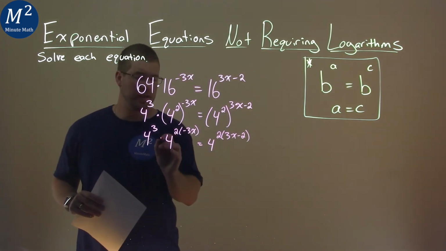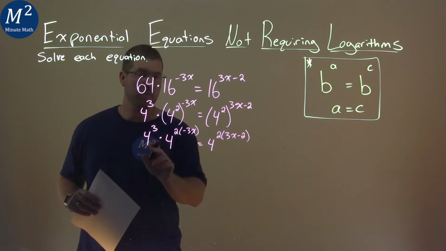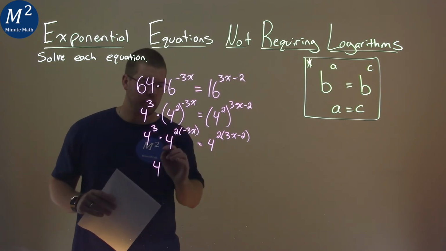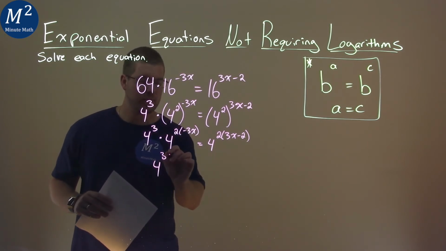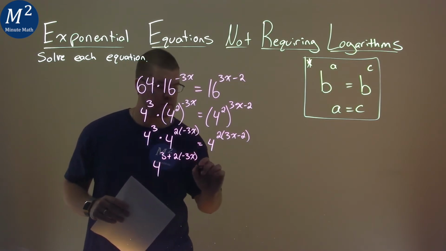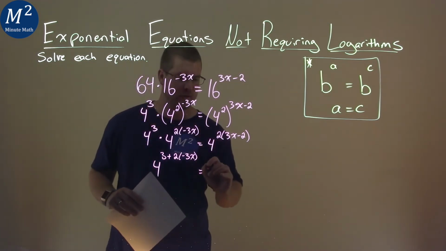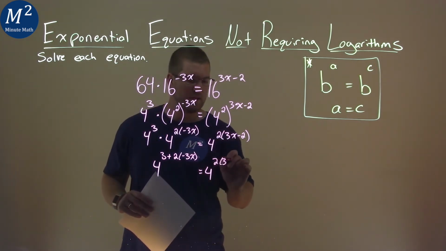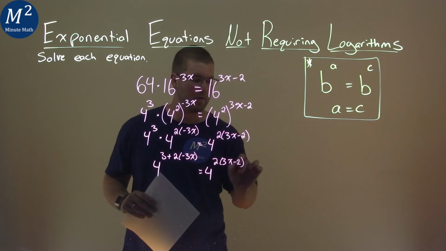Our rules state that if we have the same base and we're multiplying, we add the exponents. So to write this as one big base of 4, it would be 4 to the 3 plus 2 times negative 3x, and that's equal to, again, 4 to the 2 times 3x minus 2 power.